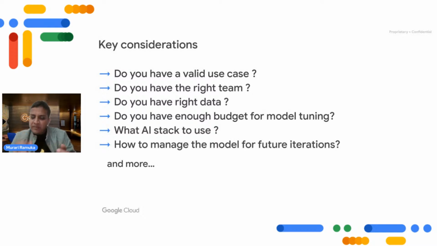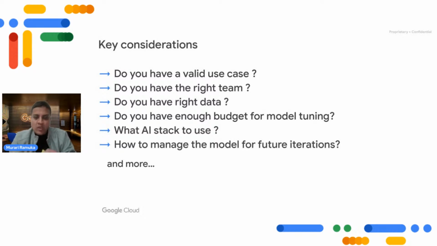Maybe if your use case can be solved via zero-shot, few-shot, prompt engineering, or prompt tuning, you should go ahead with that rather than fine tuning the model. So that is one very important thing, that you should understand whether you have a valid use case or not.